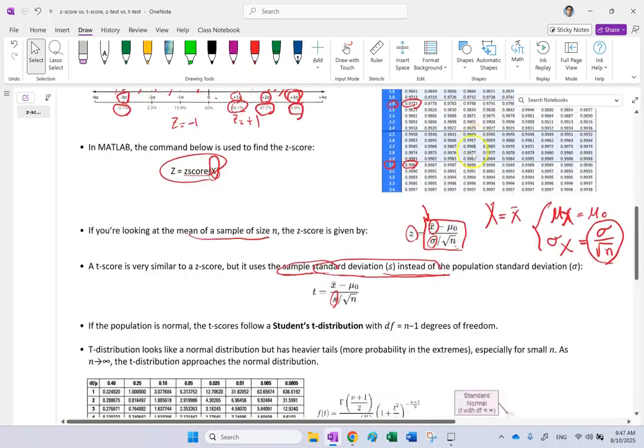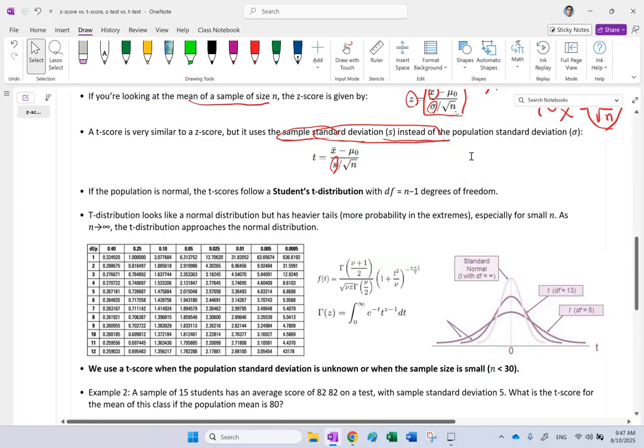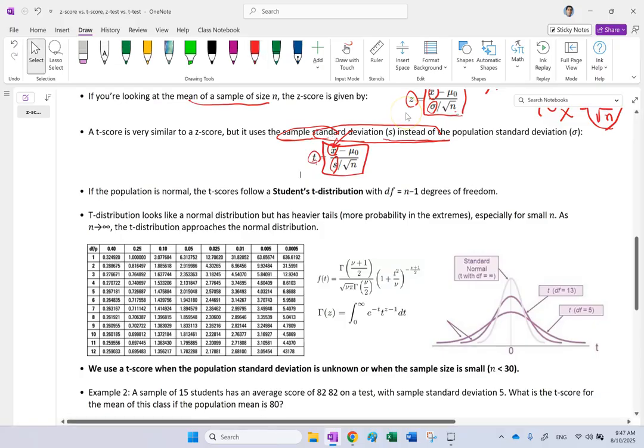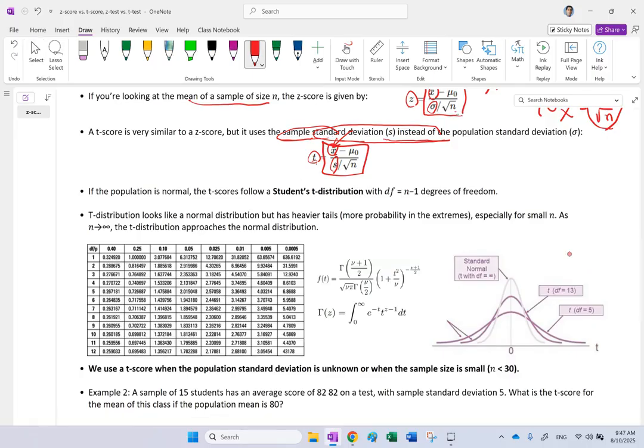But if I use the sample standard deviation and look at the distribution of this number, which we call t, it is not going to be exactly a normal distribution. So the distribution of this variable t is going to follow what we call the student's t distribution with n-1 degrees of freedom. And n is what? N is the sample size.